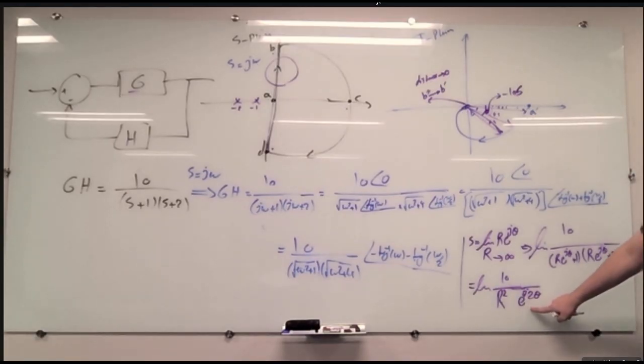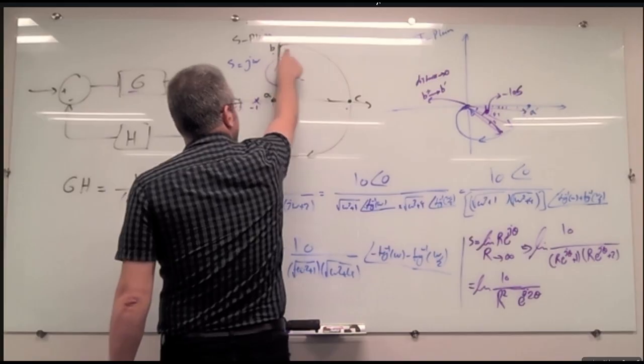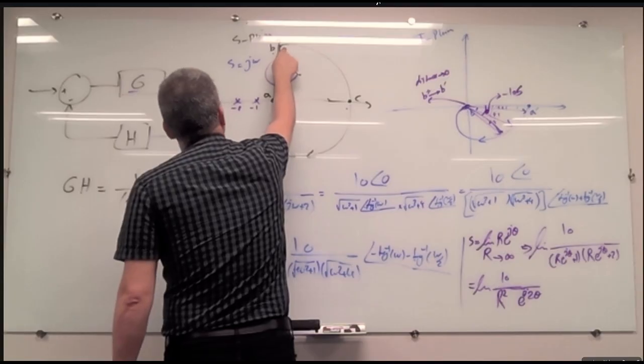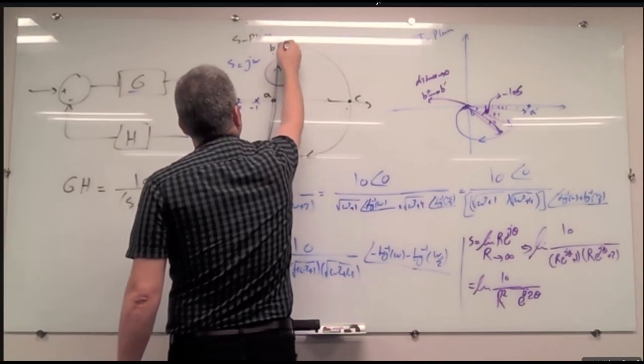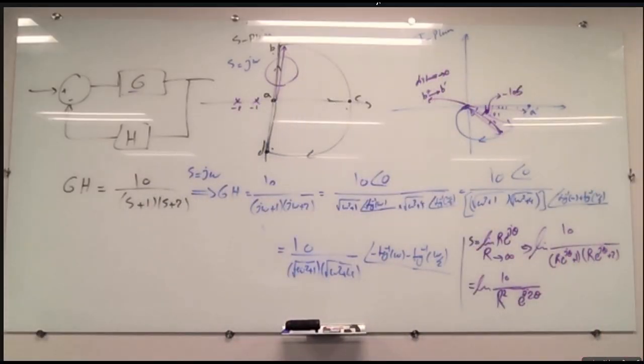Are we good? Are we good what I did? We want to consider B, C, and D. We can show B as a complex number or a phasor or a vector when the R goes to infinity, when the amplitude of that vector goes to infinity. Now, that vector is R e to the power of j theta.